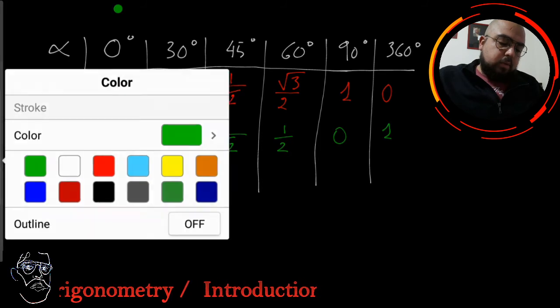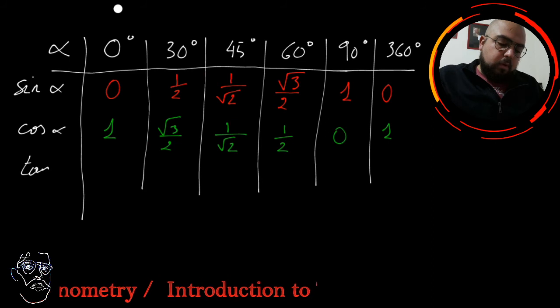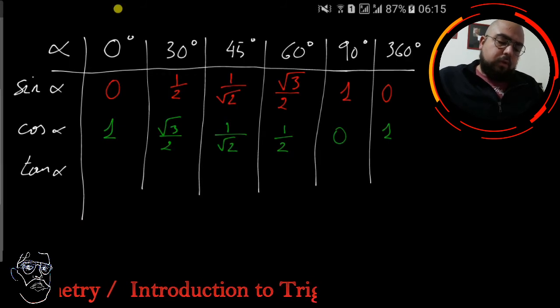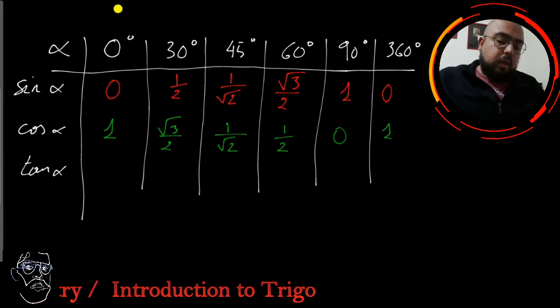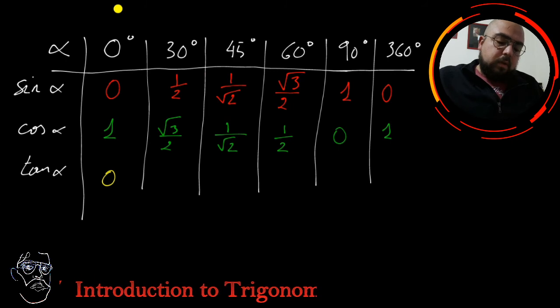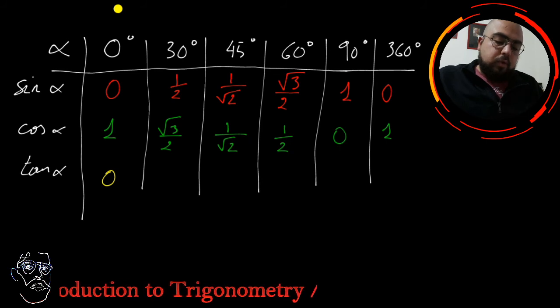As for tangent alpha, you simply have to say it's sine over cosine, so it's 0 over 1, 0. In this case, it's 1 over 2 over square root of 3 over 2, so it's 1 over square root of 3.